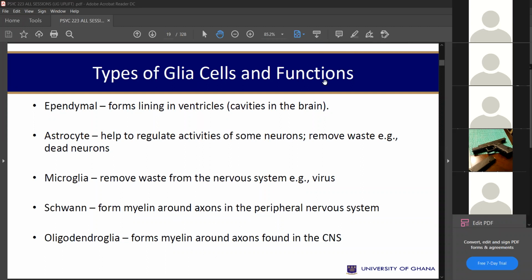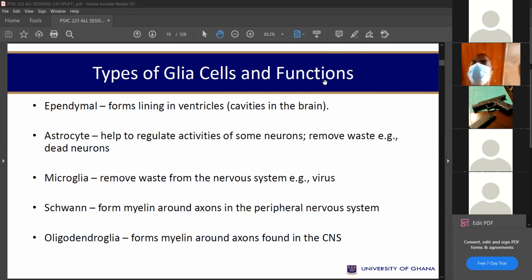Okay, your hand is up. Yeah, please, I wanted to ask whether that is what causes CSF. Under normal circumstances, CSF is normally produced. You remember I said the ependymal cell, that's one type of glia cell. They are the ones that produce the cerebrospinal fluid. And it flows within the ventricles to the spinal cord under normal circumstances.